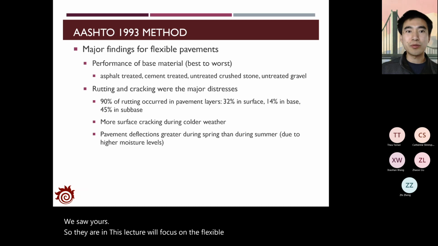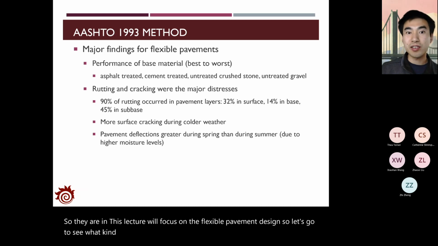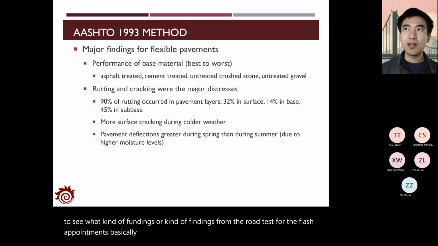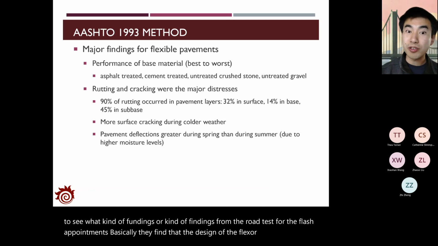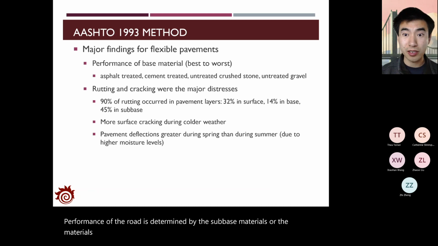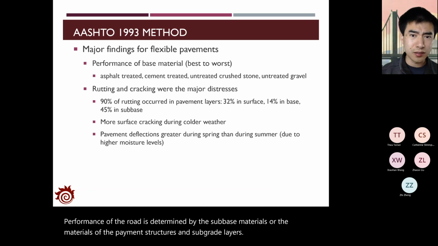So let's see what kind of findings came from the road test for the flexible pavement. Basically, they found that the performance of the road is determined by the subbase materials, the materials of the pavement structures, and the subgrade layers.